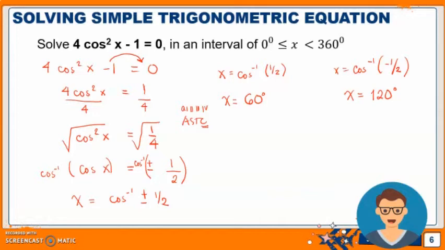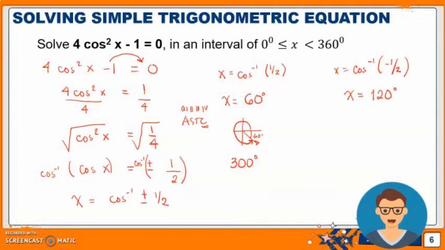Thus, we will use 60 degrees as a reference angle. So this is 60 degrees in quadrant 4. We'll get this portion. So that is 360 minus 60, that is 300 degrees. So the pair of 60 is 300 degrees.